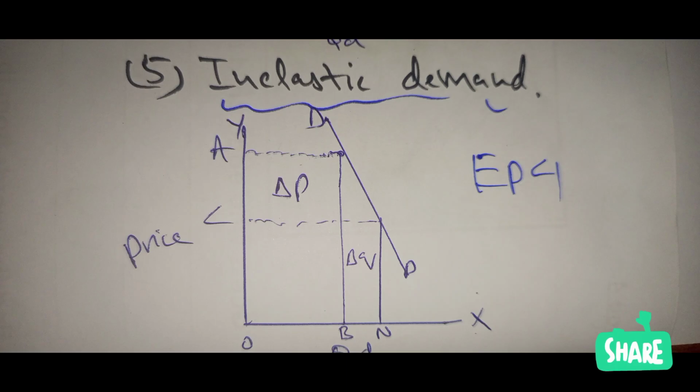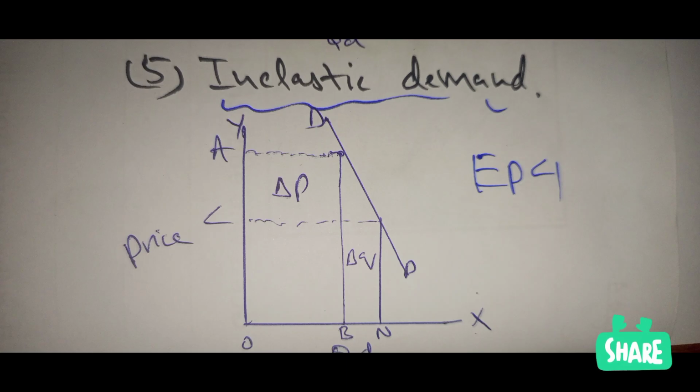In this diagram, we can see that we have taken the price on the y-axis because price is the independent variable, and we have taken the quantity demanded on the x-axis, and quantity demanded is the dependent variable.